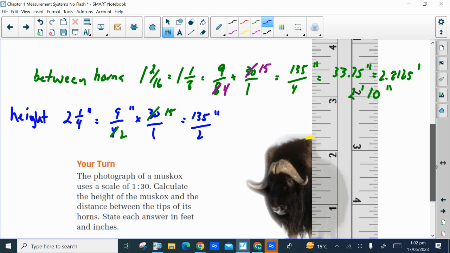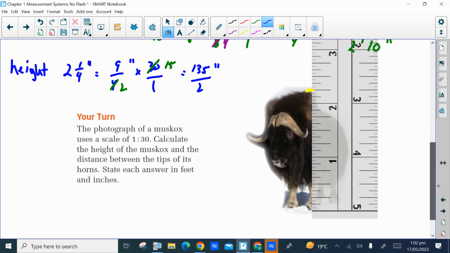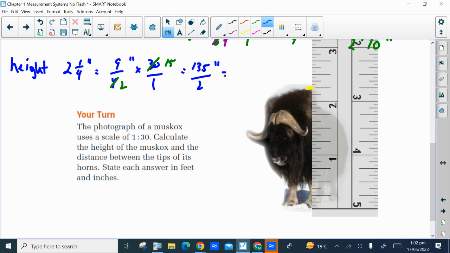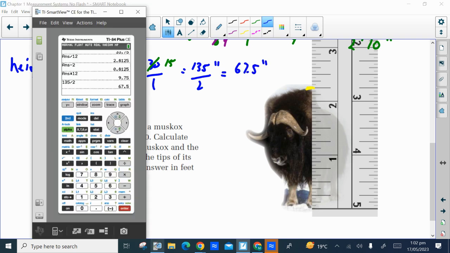Above it was 135 over 4. And 135 divided by 2 is 67.5 inches. If we divide that by 12, we'll convert it into feet: 5.625 feet.